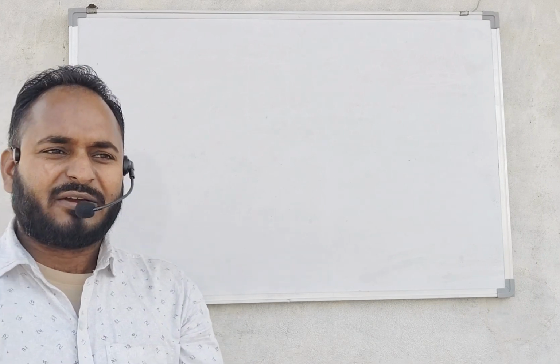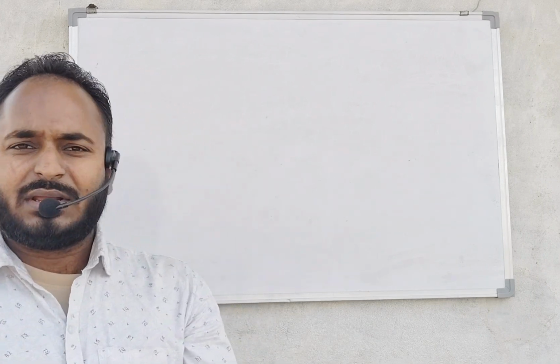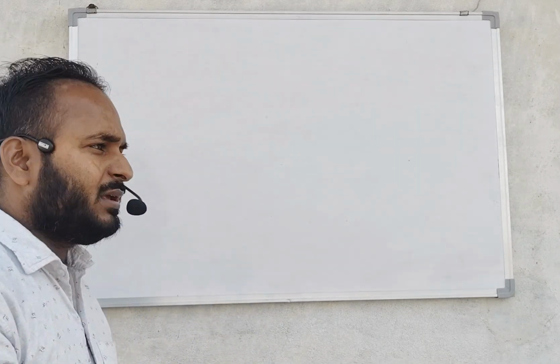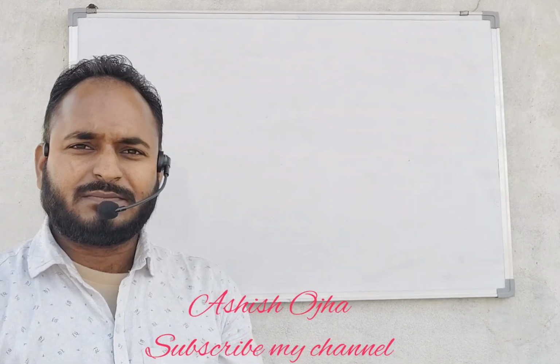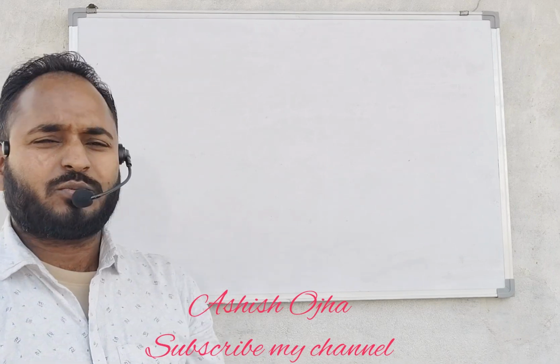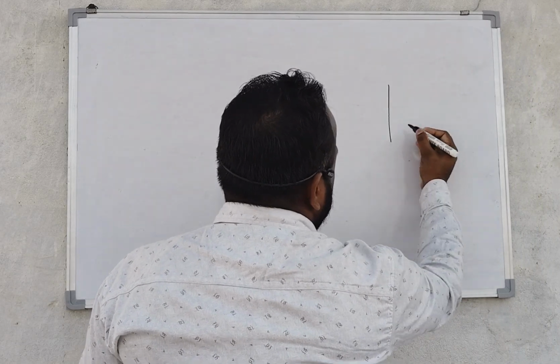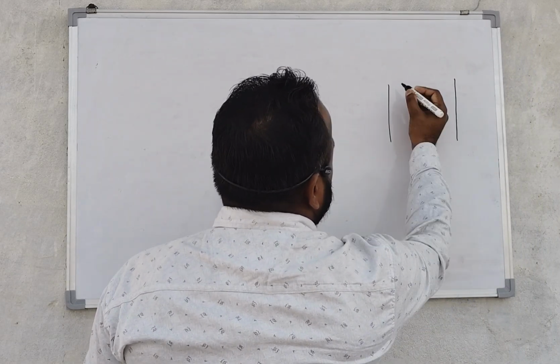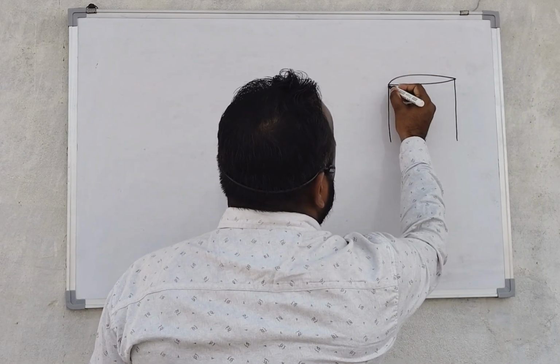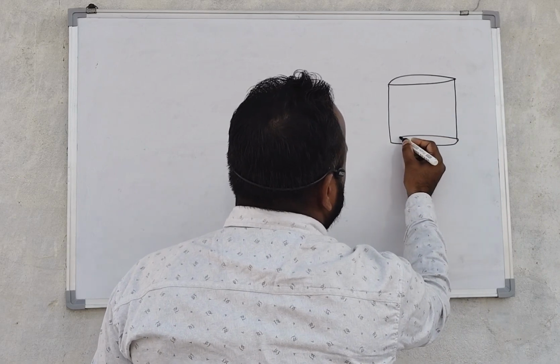My friend Mr. Rahul met me and gave a situation, that means a problem. He wants to make a tent in the shape of a cylinder and cone combined like this.